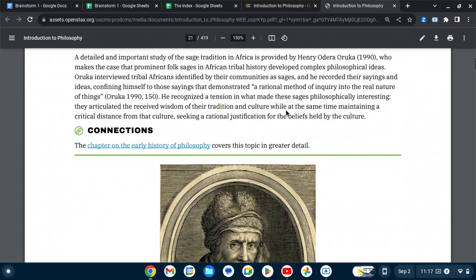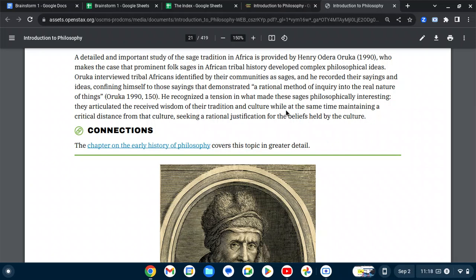A detailed and important study of the sage tradition in Africa is provided by Henry Odera Oruka, who makes the case that prominent folk sages in African tribal history developed complex philosophical ideas. Oruka interviewed tribal Africans identified by their communities as sages, and he recorded their sayings and ideas, confining himself to those sayings that demonstrated a rational method of inquiry into the real nature of things.